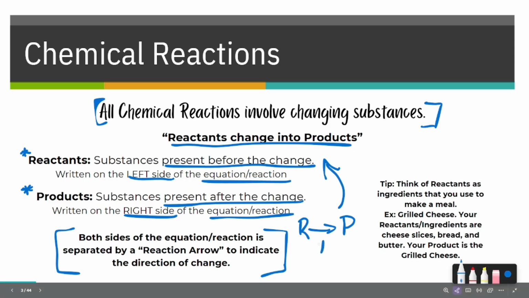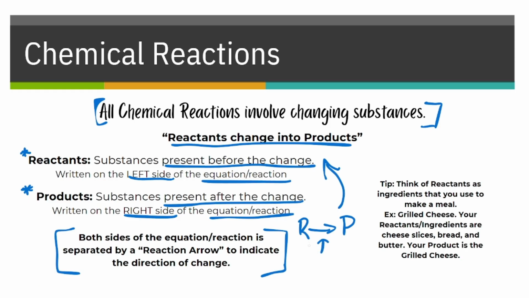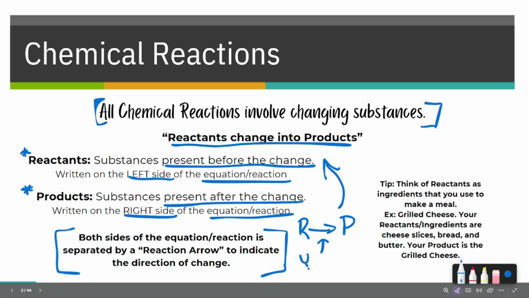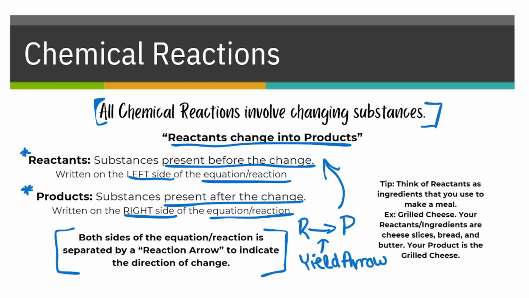This little arrow here signifies what's called a yield arrow. A yield arrow is just signifying that a change has happened and we've ultimately formed a new product as a whole. The direction of that arrow, in this case an arrow that's going to the right, just signifies where my reactants are compared to my products.